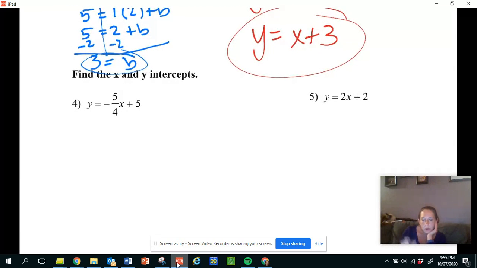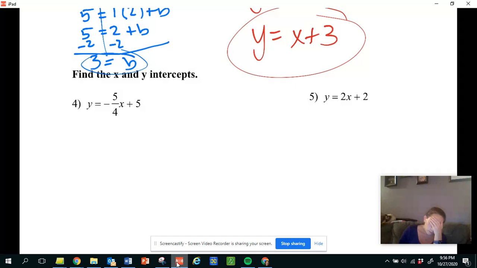Okay. So, x and y intercepts. Well, we've talked about a y-intercept, because that's what b is. B is your y-intercept. On a graph, your x-intercept is where it touches the x-axis, and your y-intercept is where it touches the y-axis.